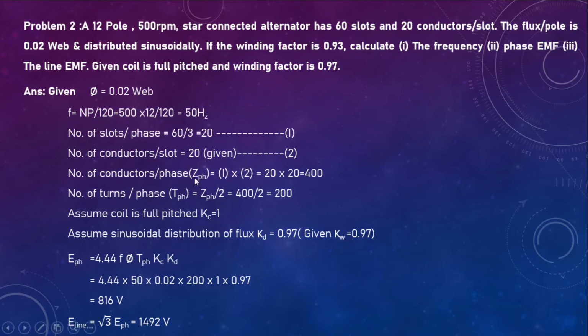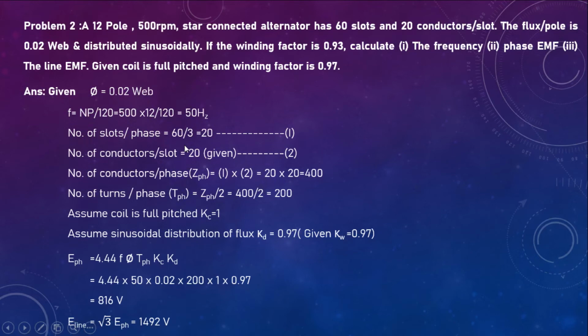To find the number of conductors per phase, we need the number of slots per phase. 60 slots and 20 conductors per slot. Slots per phase: one phase has 20 slots, because the total number of slots has been given. So per phase 20 slots.